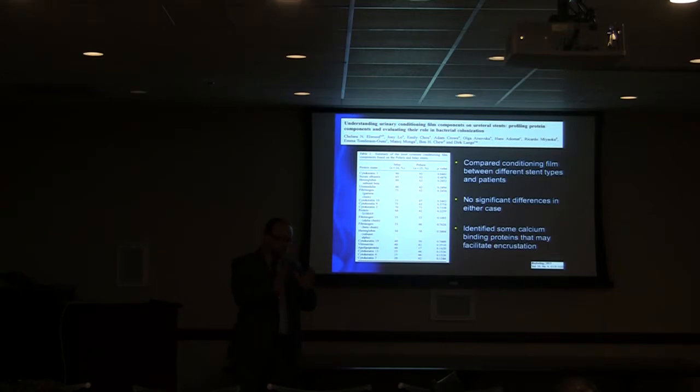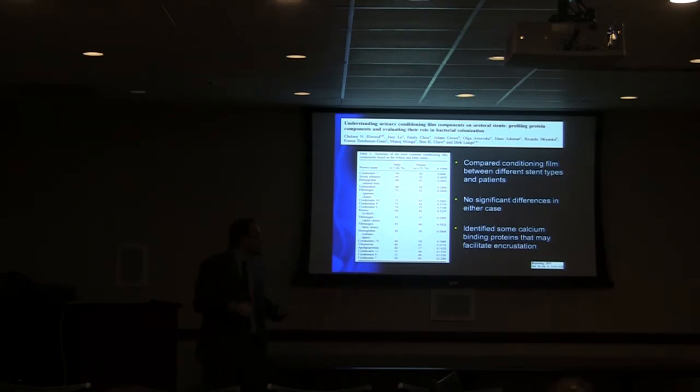We compared conditioning film on the same stent between patients, but we also compared different types of stents because we wanted to understand, is the conditioning film similar between patients on the same stent? And then is it similar on stents made of two different materials?